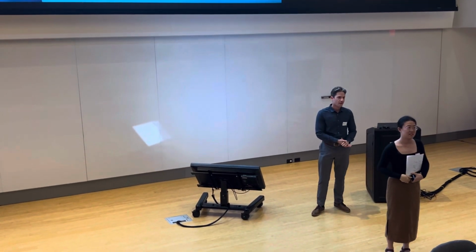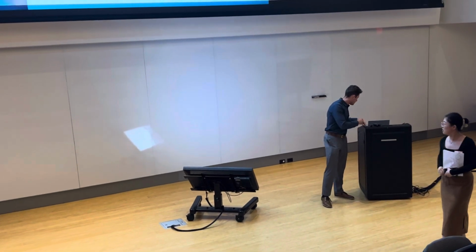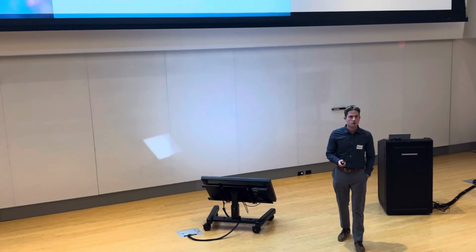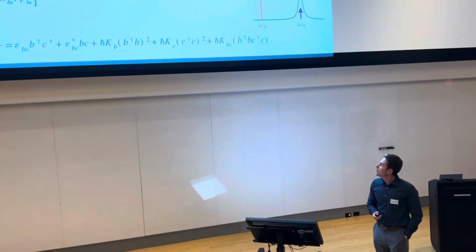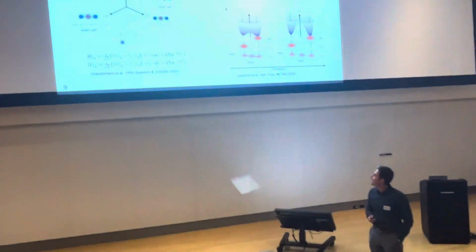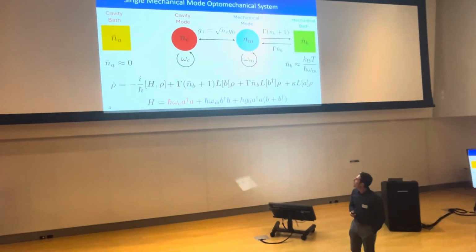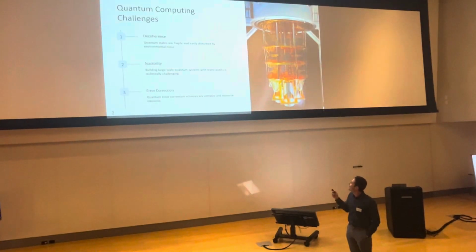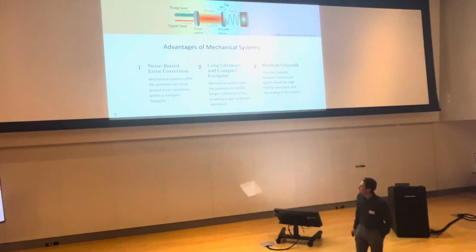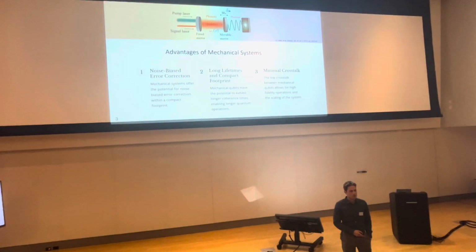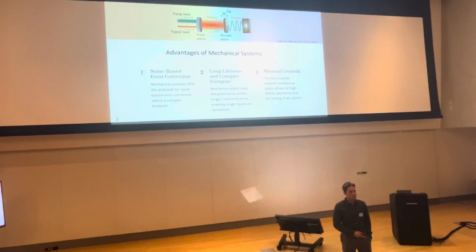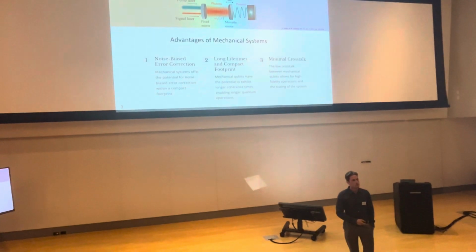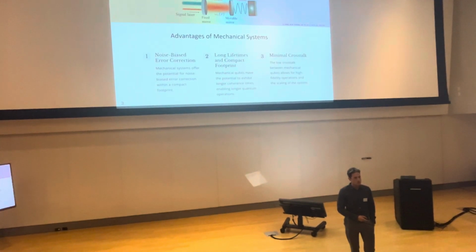Yes, please. So you have this kind of a mirror to go from the photons to the phonons in your first slide, right? So, if you get a photon that gets absorbed by the mirror, does the mirror need to physically move because of the momentum of the photon?